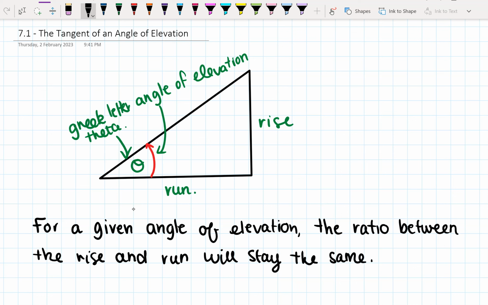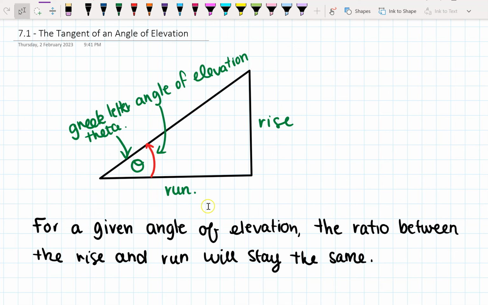Okay, so if we have a set angle of elevation, the ratio will be the same. So for example, if we have an angle here of, I don't know, 35 degrees, any angle of 35 degrees will give the same ratio between the rise and the run. So the relationship between the rise and the run will always be the same for that angle of elevation.